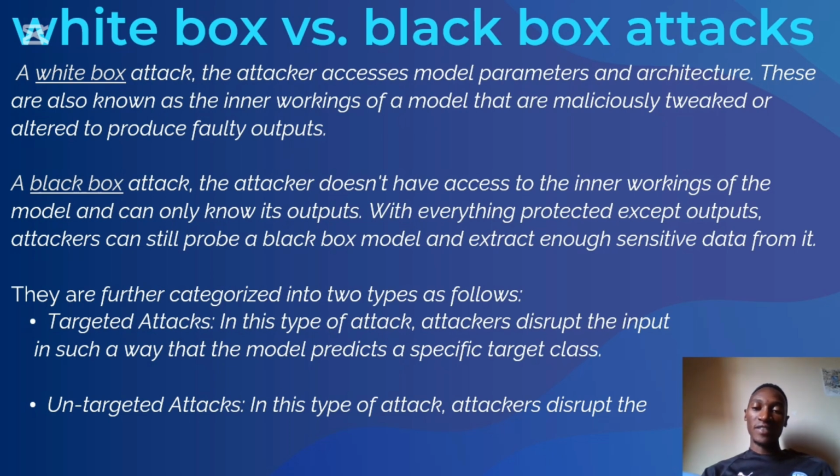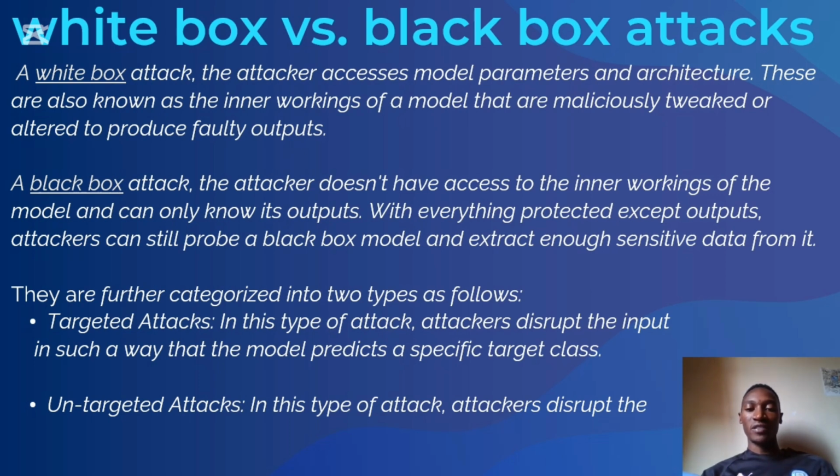For example, if the attacker wanted the ATM machine to increase his bank account balance, he would modify the code of the ATM machine to recognize a 20k note as a 50k note, or a 2000 note as a 5000 note.